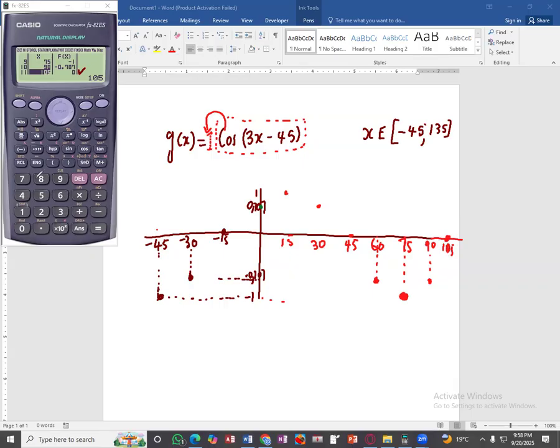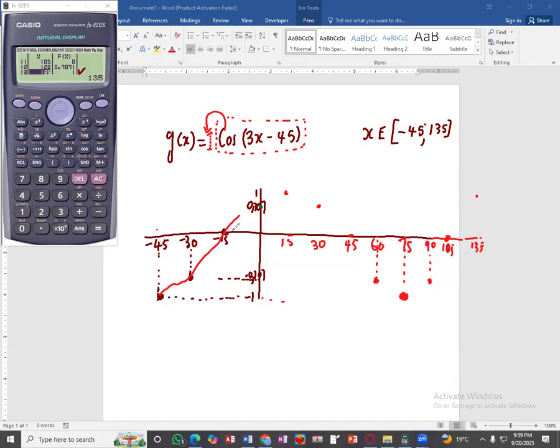And then 120 and 0.707, 135 and 1. So the graph goes like this.